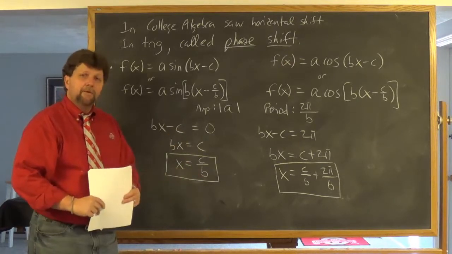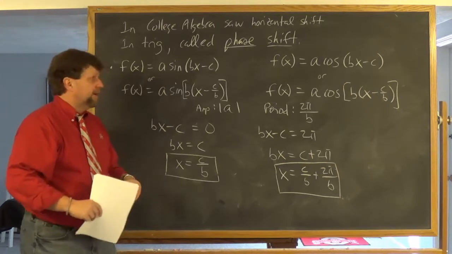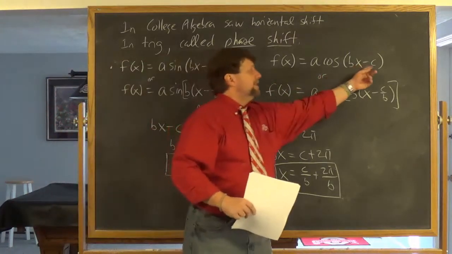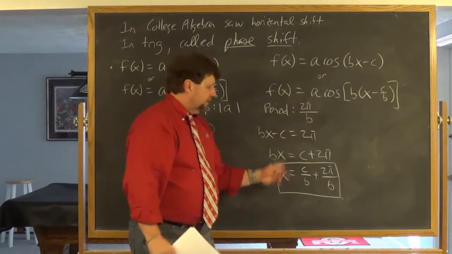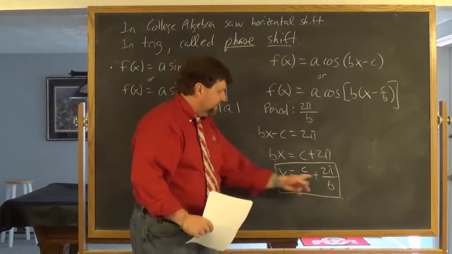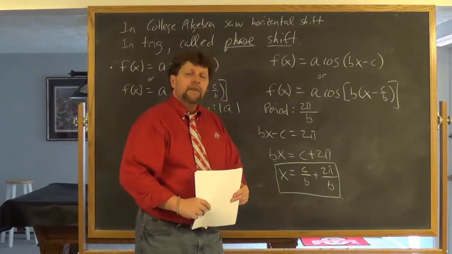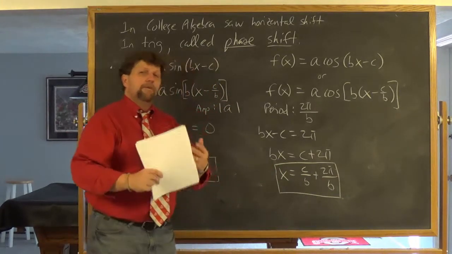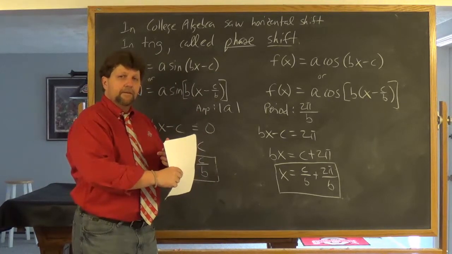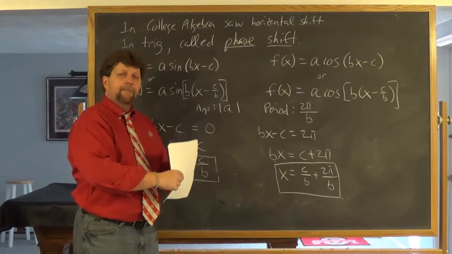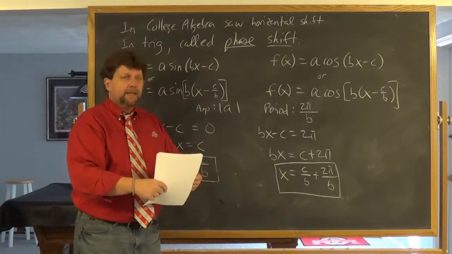We have the left endpoint of one period. To find the right endpoint of one period, take the junk that's inside parentheses, set it equal to 2 pi, and solve for x. That gives us the right endpoint of one period. And once we know the left endpoint and the right endpoint, we then find the midpoint, first quarter point, and third quarter point. And it becomes a very friendly process.